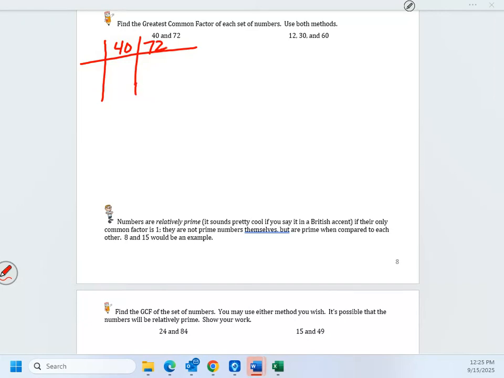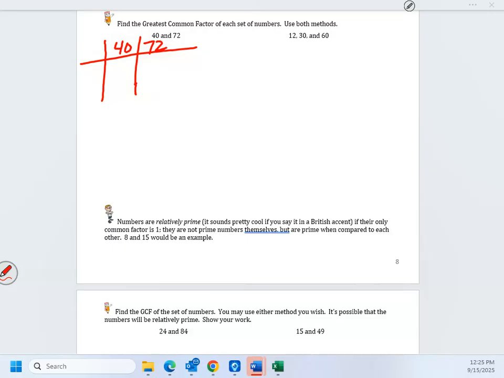I'm gonna look at 40 and 72 and I'm gonna say, what is one number that I can pull out of both 40 and 72? Ellie, 9. Not 9, 40 divided by 9 is not a whole number. Colton? 4.